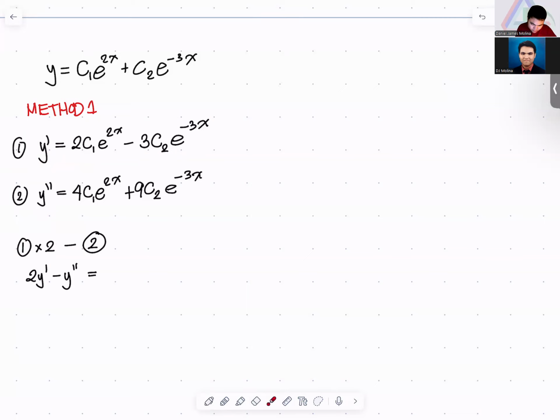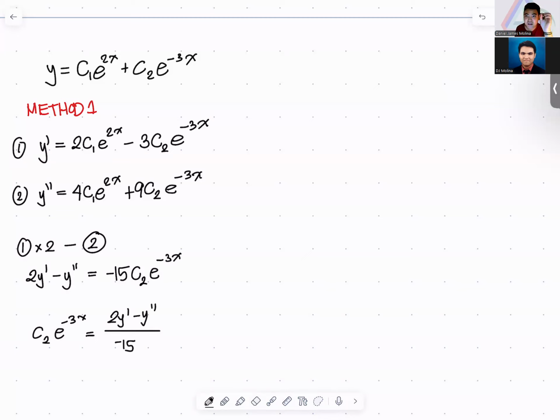Next, this is 4, 4 minus 4, cancel. Negative 6 minus 9 is negative 15. So here, we can actually solve for c sub 2 e raised to negative 3x, that's 2y prime minus y double prime over negative 15.